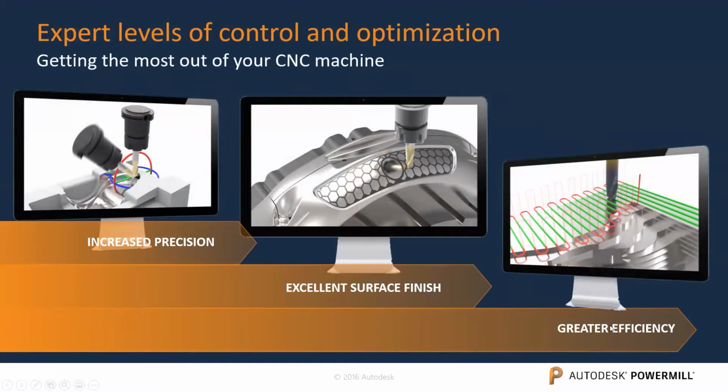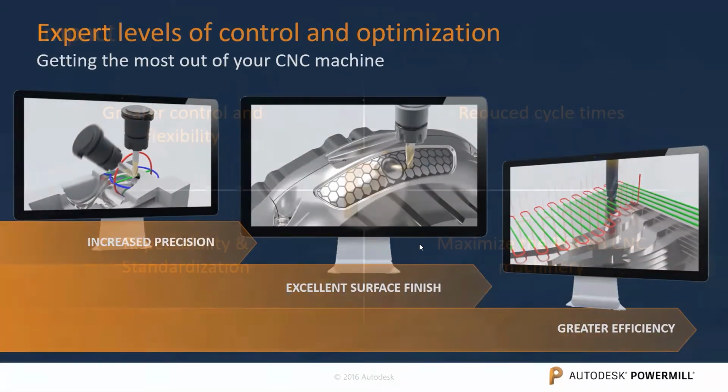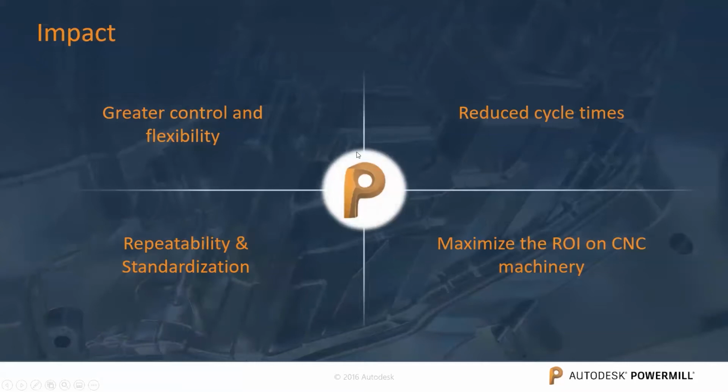We can do that efficiently with the use of macros or with the use of different areas of the software to speed up the programming time, as well as the machining time. With that, we have greater control and flexibility, reduced cycle times, repeatability, and standardization, and we can maximize the return on investment for that CNC control, machinery.